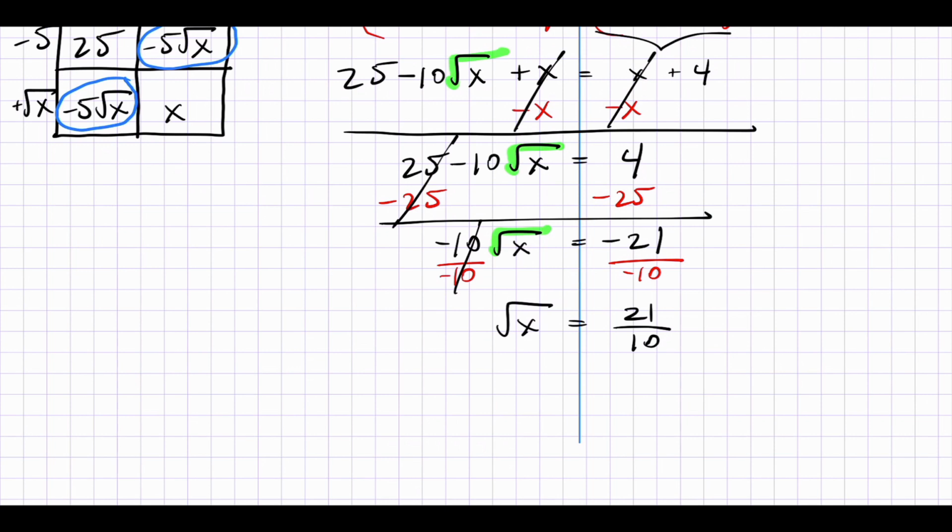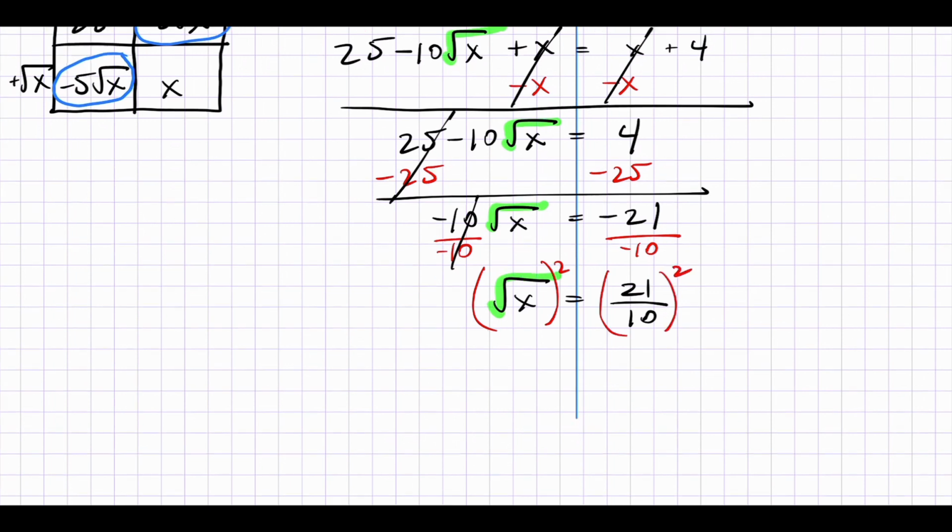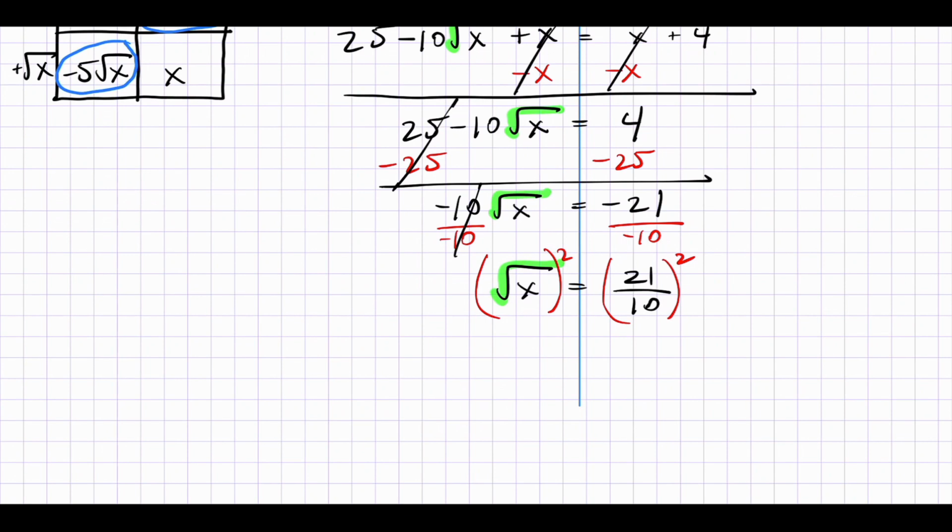Okay. All right. The way to solve it is by squaring both sides. When I square both sides, I'm going to get, was it 441 over 100? I don't think you can reduce those. 441 and 100, I don't think anything goes into both.